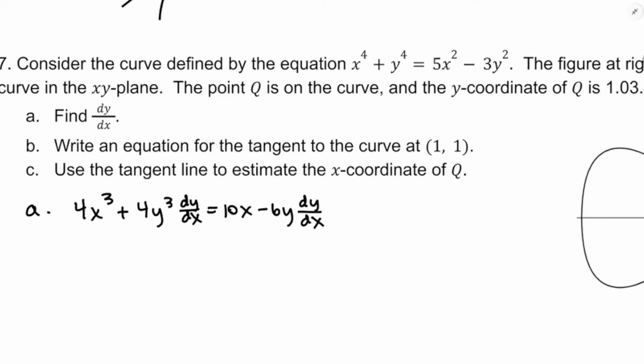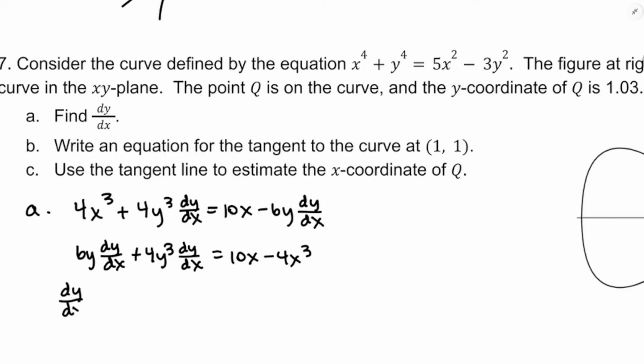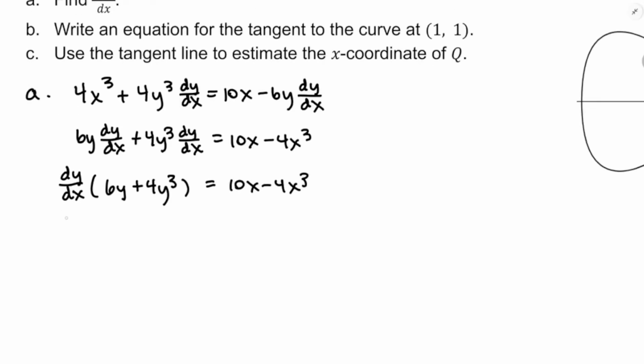Alright, so I'm going to collect everything that has a dy/dx over to the left-hand side of the equation, and get rid of everything that doesn't have a dy/dx to the other side. Factor out the dy/dx. And then solve for dy/dx.